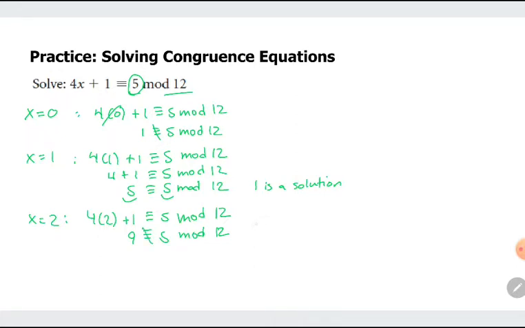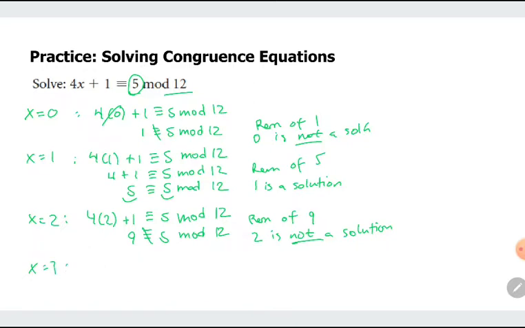So this is not a solution. 0 is not a solution. 2 is not a solution.